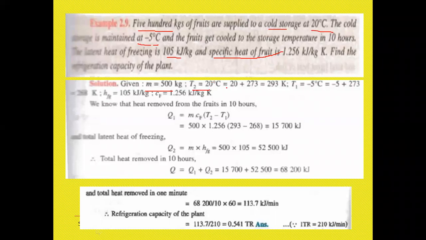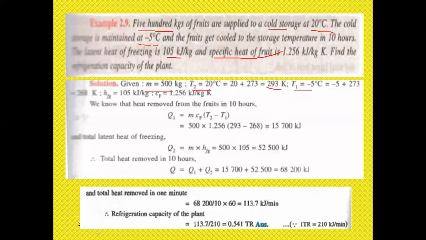Next, you got 273, so 20 degrees is 293 Kelvin. Now the cold storage is maintained at -5 degrees, therefore T1 is equal to -5 plus 273, that is 268.